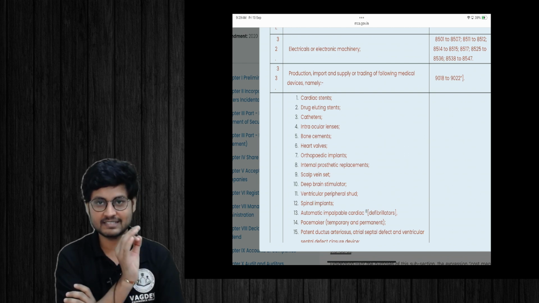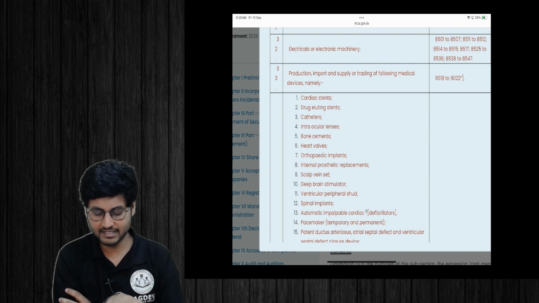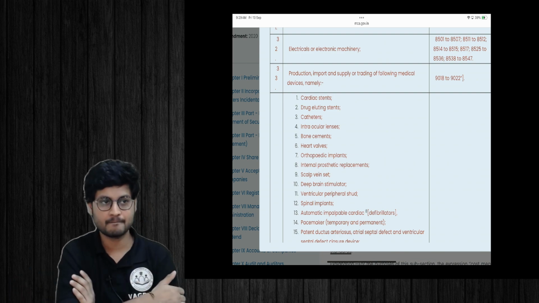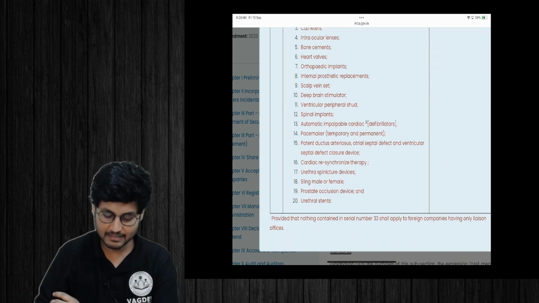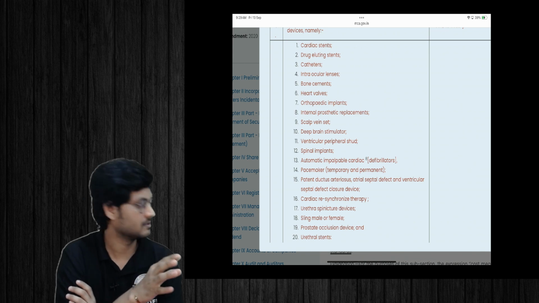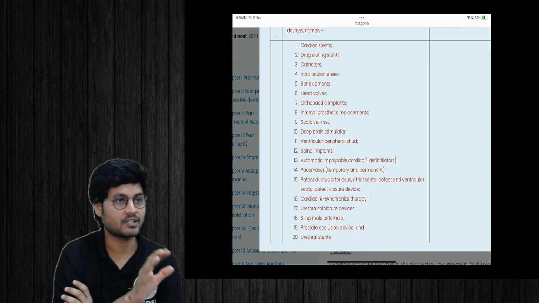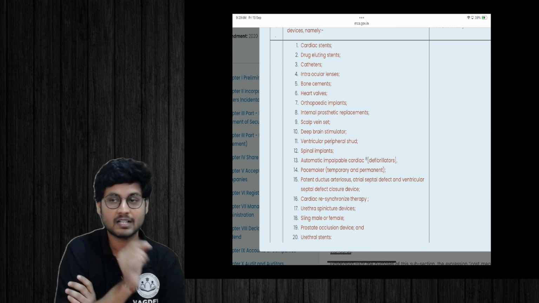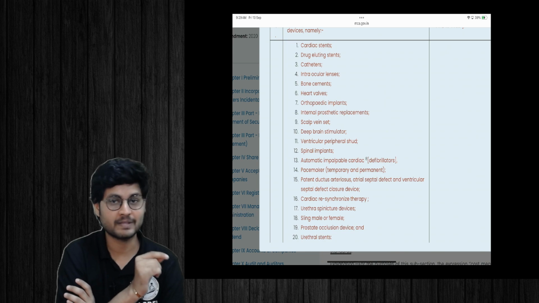So only for this 33. See, there are 15 or 20 subpoints given. All these are medical devices only. For these products, even the supply will be covered under cost records maintenance.